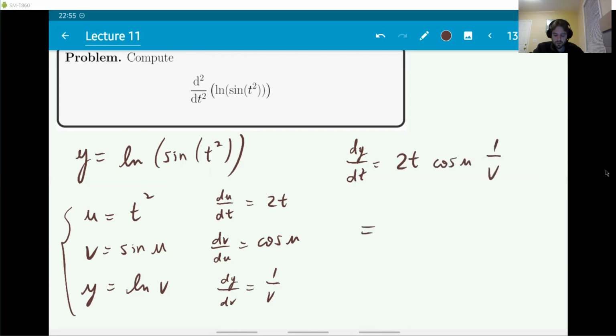So I'm going to write this as 2t times cosine of u. Well, u is t squared. And the whole thing is divided by v. I'm writing this 1 over v as a denominator. But the v is sine u, which is the same as sine of t squared.